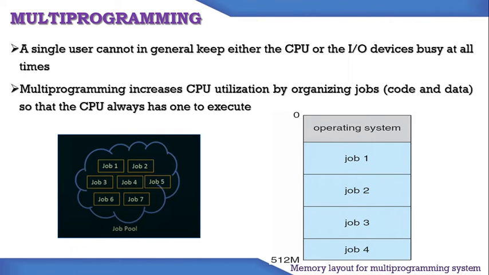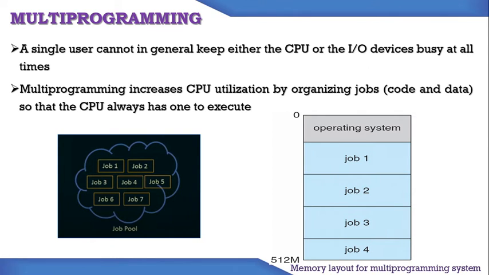If job 2 also wants to use some other resources and does not need the CPU at that time, then the CPU, instead of remaining idle, can be used by job 3 and so on.